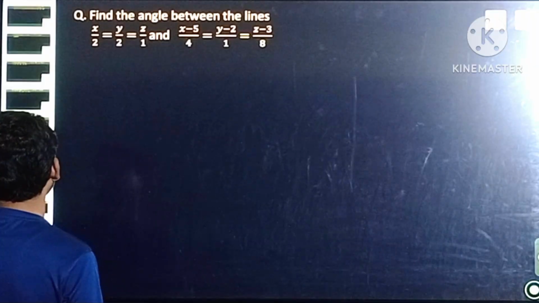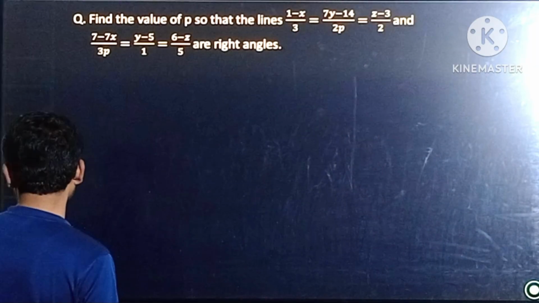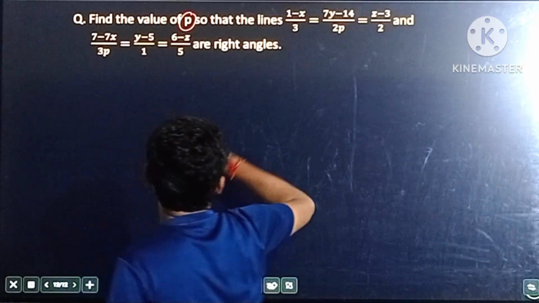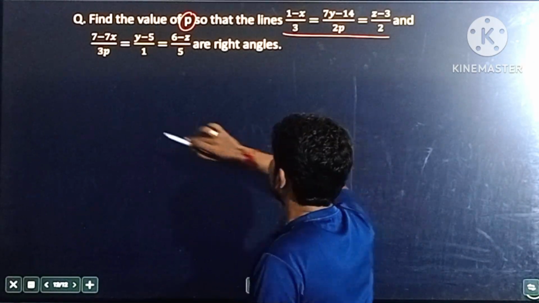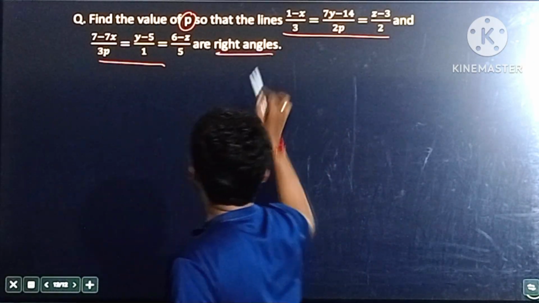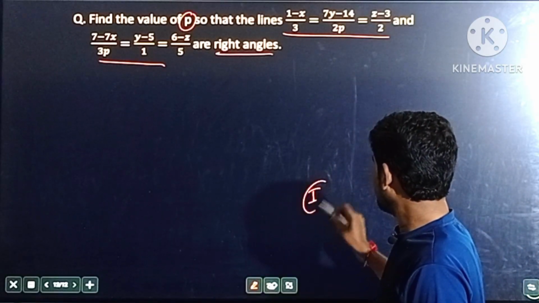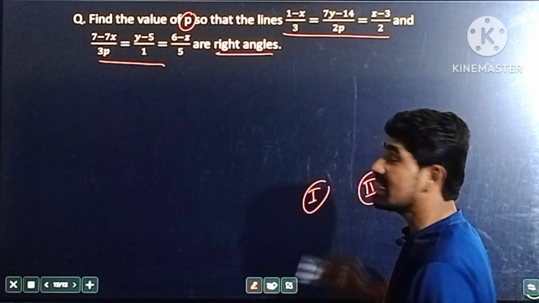The next question is: find the value of P so that the first line and second line are at right angles.